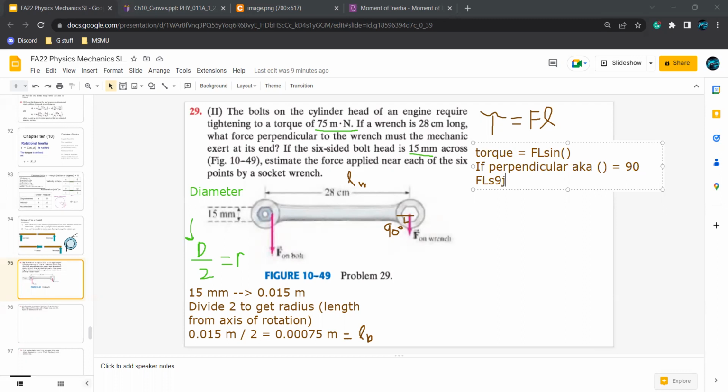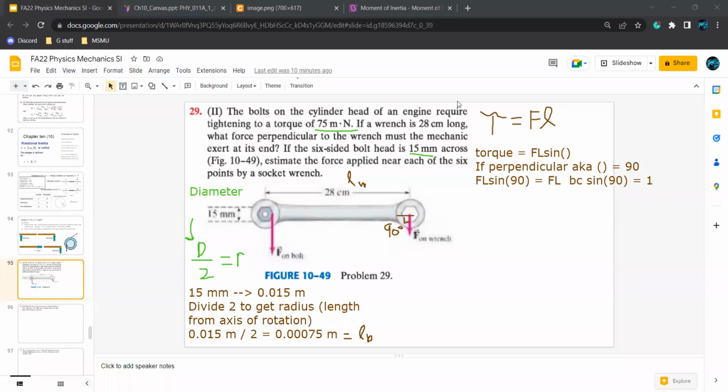F L sine of 90 is equal to F L, because sine 90 is equal to 1. That's why we can just use torque is equal to F L.